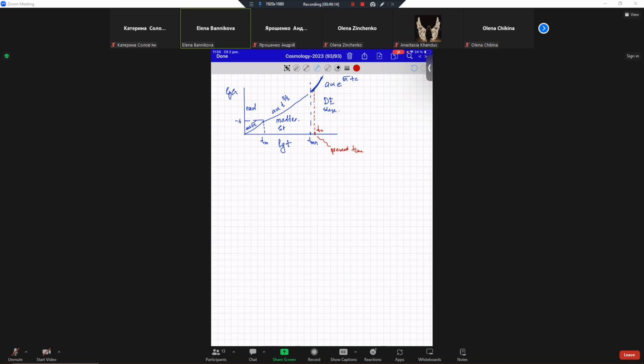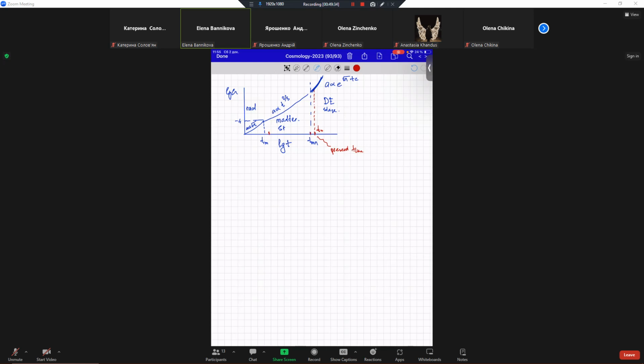So you can see that we really live at the stage where, by fortune, the dark energy started to be here, but not, for example, here.